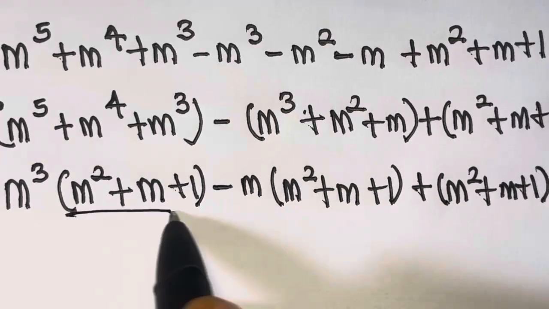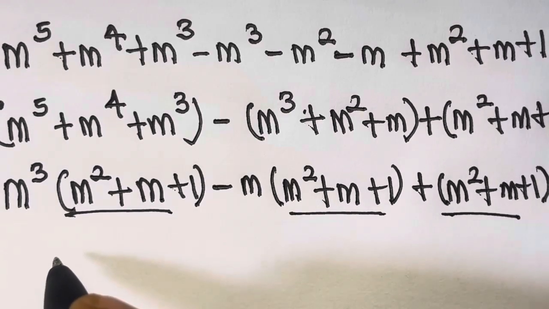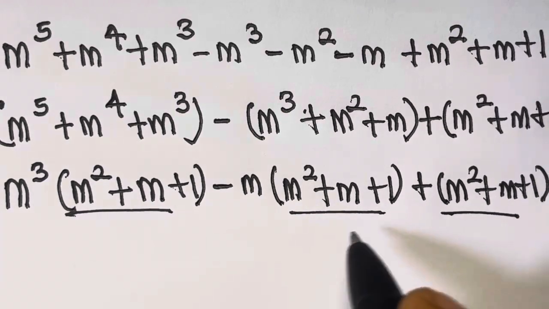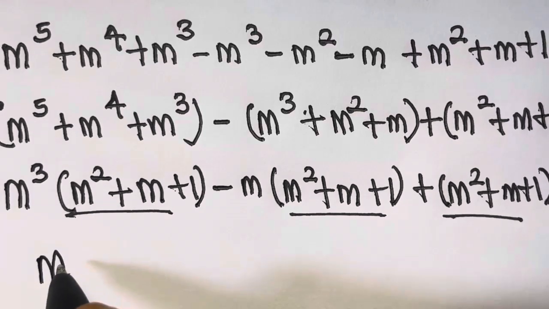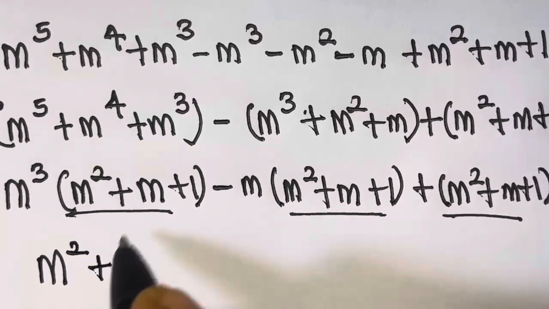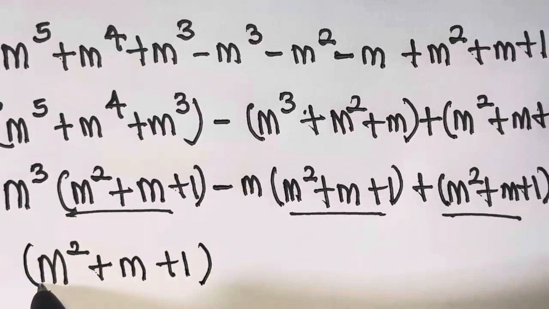So you observe that they are the same. They have the same factor. So we have m square plus m plus 1 as one factor.